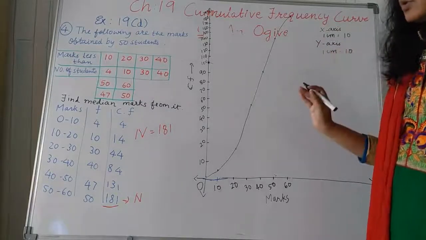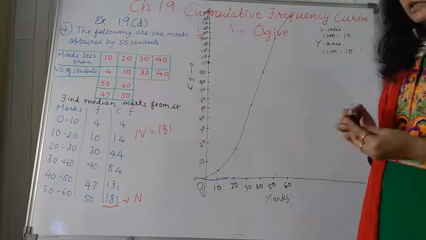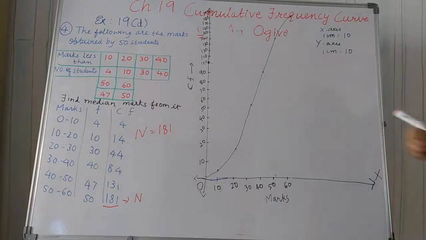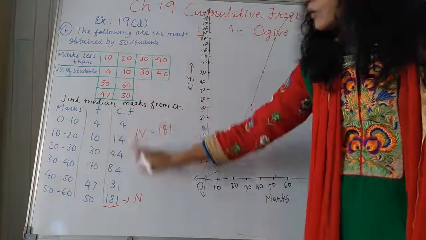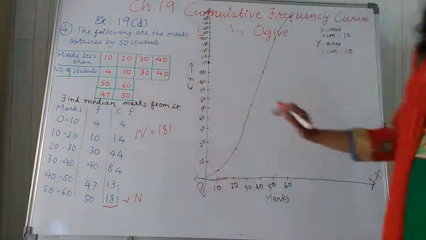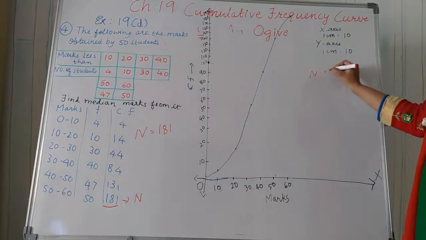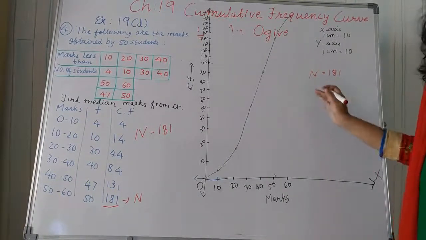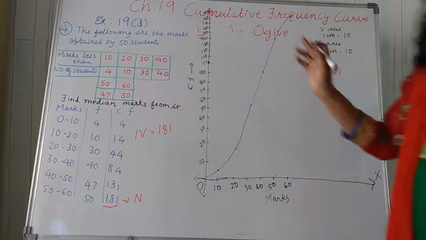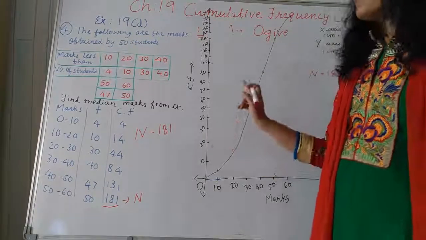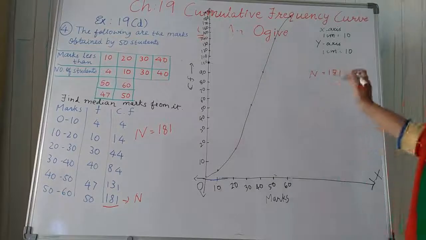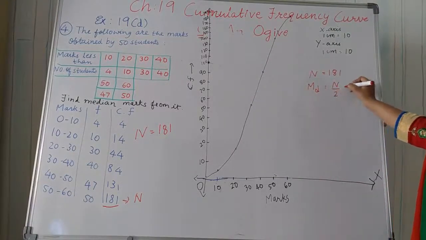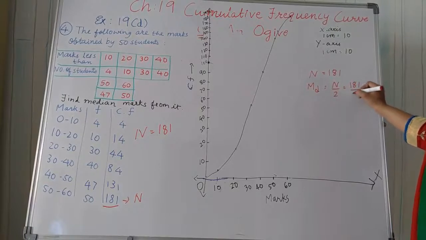Okay. Now students, we need to draw the median. The method to draw the median is, the last value of cumulative frequency we found here, the n value, which is 181, and the median formula is n plus 1 by 2. But students, while drawing an ogive we will take median equal to n by 2. Here it is 181 divided by 2.